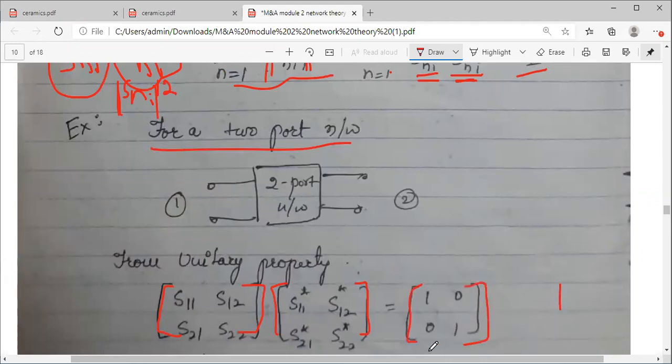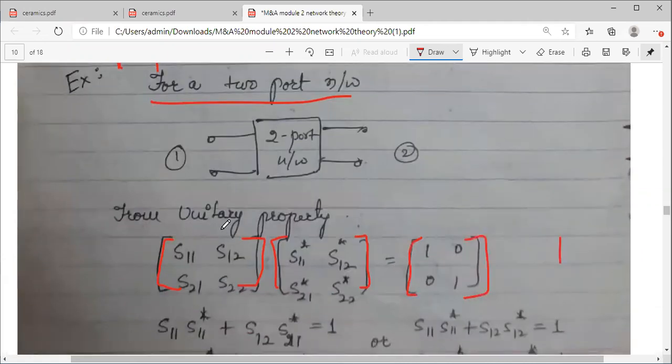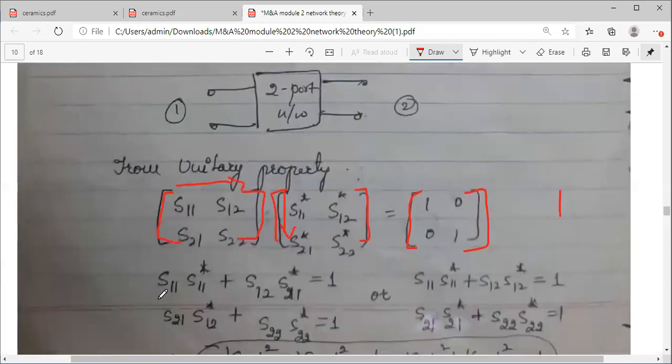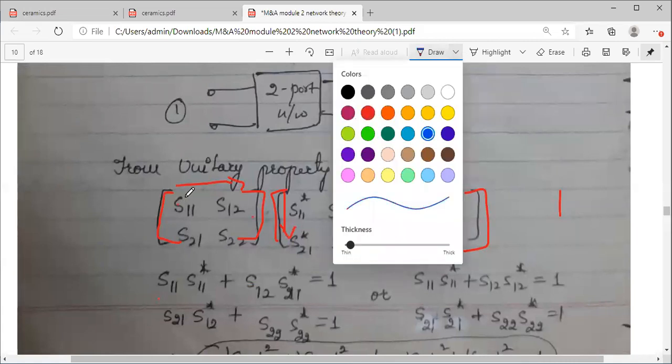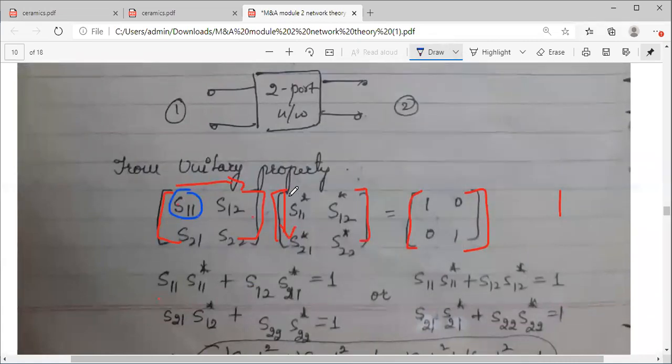I have to write 1 0 0 1. Further, you can take the multiplication row into column. First row and first column: S11 into S11 star plus S12 into S21 star is equal to the first term.